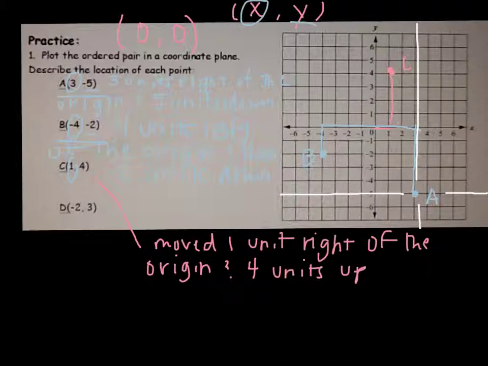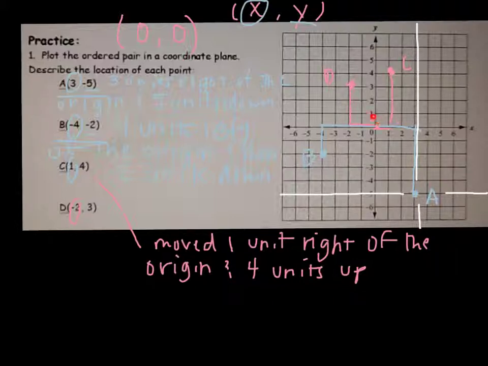Alright, now the last point I'm going to plot is D. My first number is -2, that's my x value. So I always start at that origin, and I'm going to move 2 spots this time to the left in order to find -2. And then I have a +3, so I'm going to have to go up to find +3, and I'm going to mark it at letter D at that place.